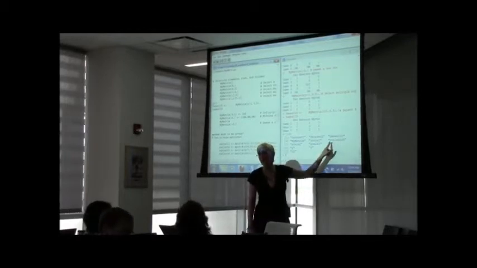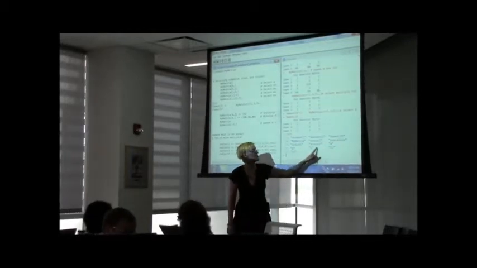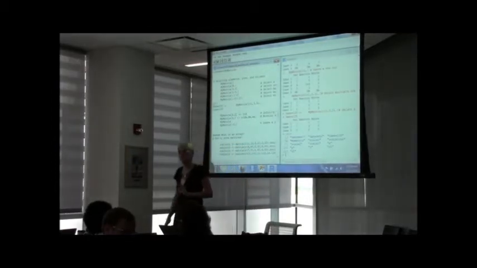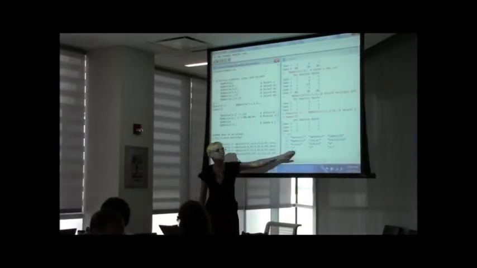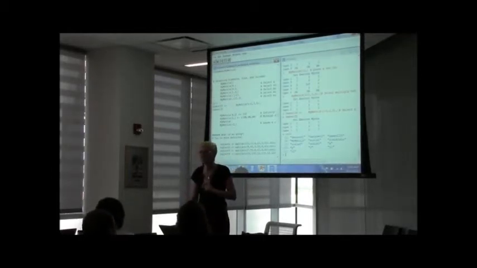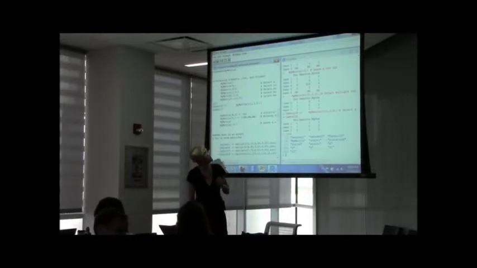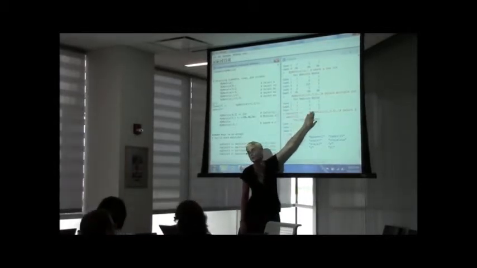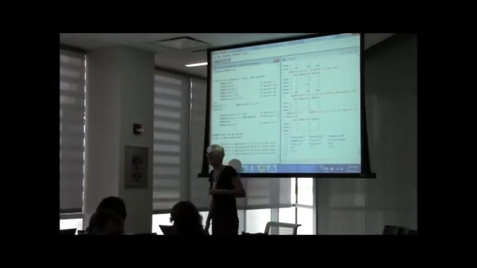Do you guys remember making that? There's an X, there's a Y, there's a Z, there's a Z1, there's a Z2. We've made all of these objects. So if I wanted to go back and call up Z2, it'll pull it right up for me and tell me what it is. I can stare at it. Is that making a little bit more sense now? Okay. So that's the difference between I just want you to show me something and I want you to put it somewhere for later.